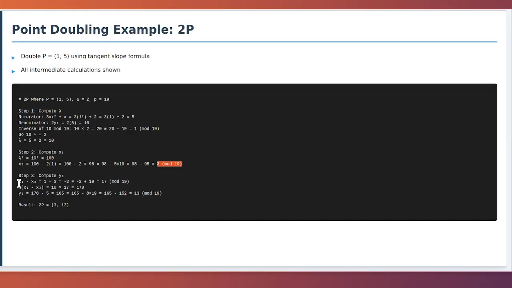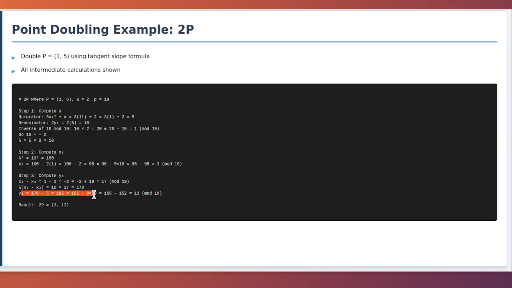Lambda times x1 minus x3, minus y1, modulo 19. First, x1 minus x3 equals 1 minus 3 equals negative 2. Adding p gives negative 2 plus 19 equals 17. Now lambda times 17 equals 10 times 17 equals 170. Then 170 minus 5 equals 165.